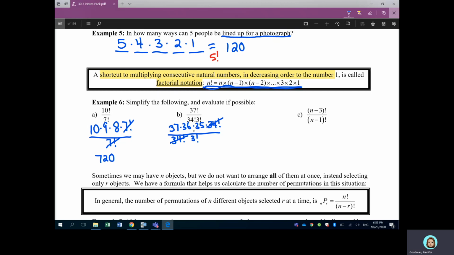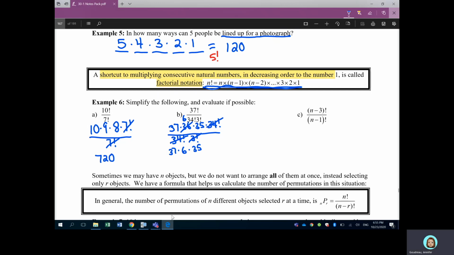Now, the 3 factorial that we have in the denominator, we should recognize 3 factorial as 6. So that factor of 6 in the denominator can reduce the 36 in the numerator, leaving us with a factor of 6 in the numerator. And then all we have left to do is to multiply 37 times 6 times 35.